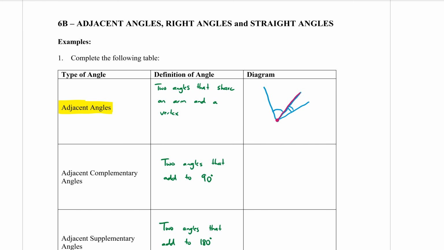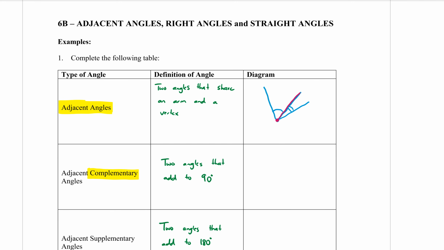The next word that you need to know is a type of adjacent angles that we call complementary angles. I wouldn't remember adjacent complementary angles, we just want this word complementary angles. Complementaries are two angles that add to 90 degrees.